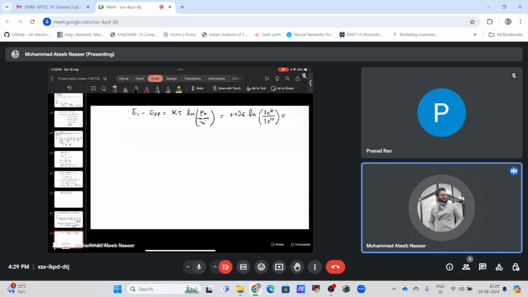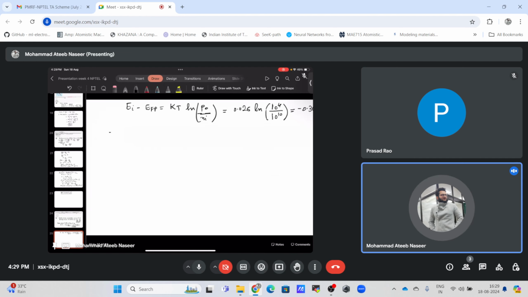It is simply 10 to the power of minus 6, minus will go outside, it is minus 0.36. Okay, so that's what we have found out. The Fermi levels are just 0.36 electron volts above this intrinsic level in thermal equilibrium.